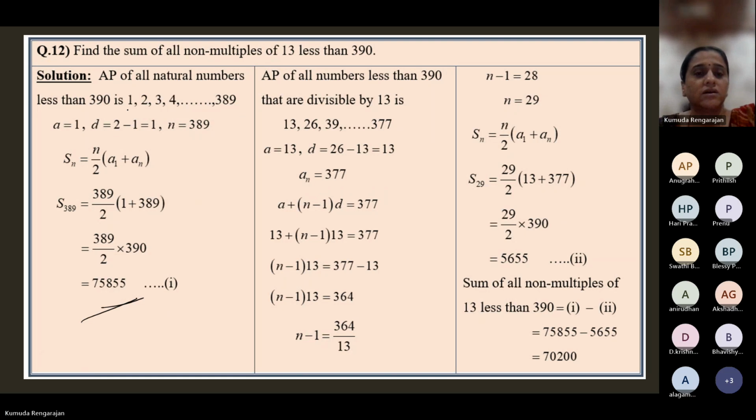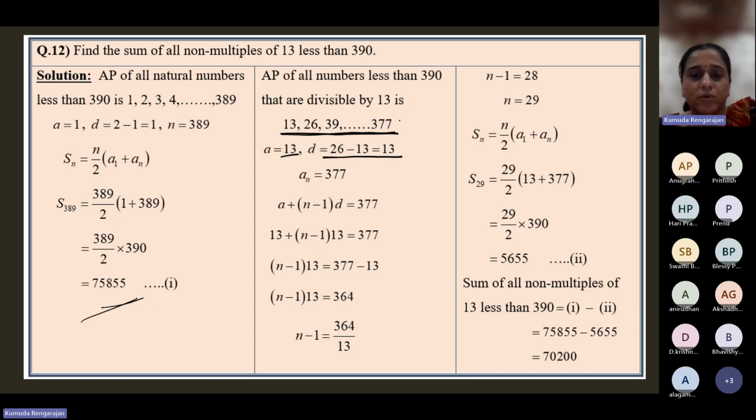And then find the sum of all the multiples of 13 less than 390. So this is the AP of the multiples of 13 less than 390, where A is 13, D is 26 minus 13, which is 13.